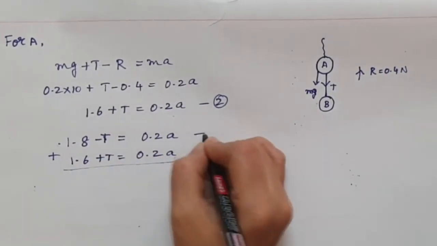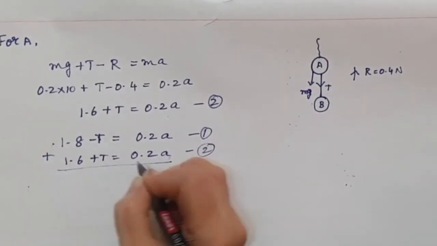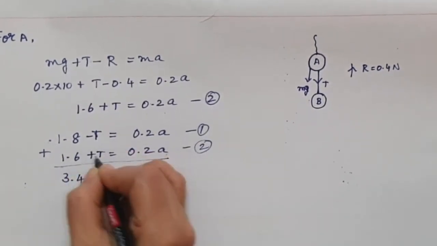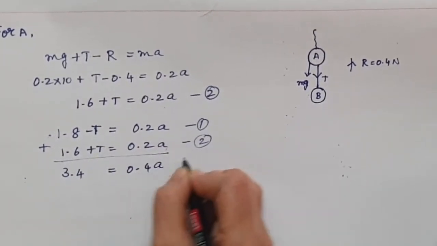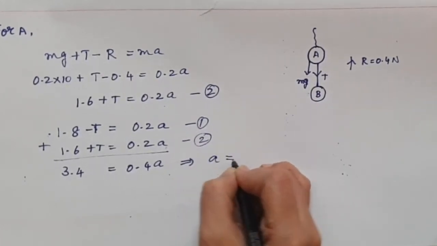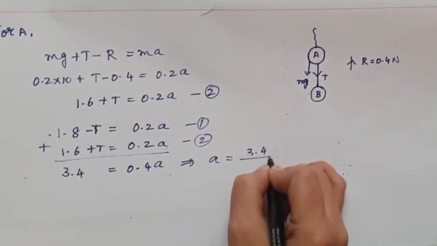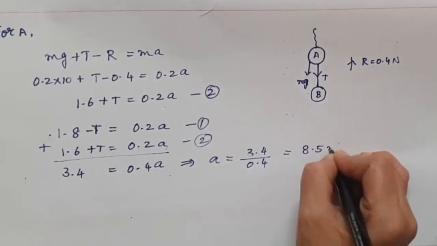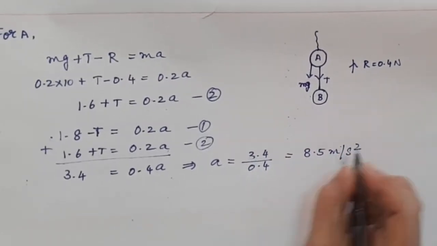Adding the two equations, this is equation 1 and this is equation 2. Adding the two, we get 3.4, and T gets cancelled, giving 0.4A, which implies A will be equal to 3.4 divided by 0.4. That will be equal to 8.5 meter per second squared.